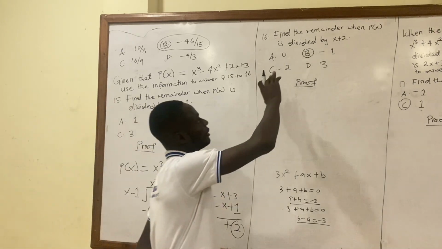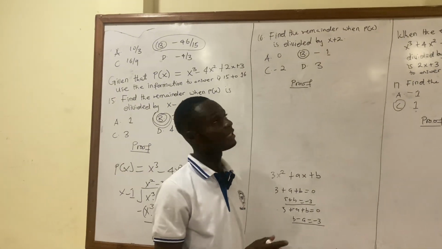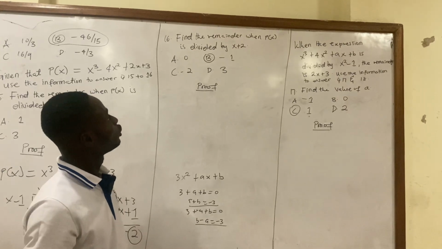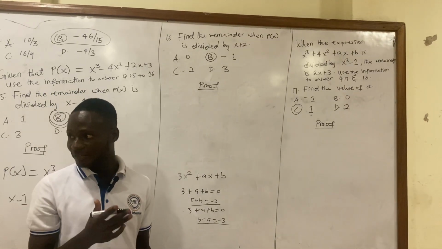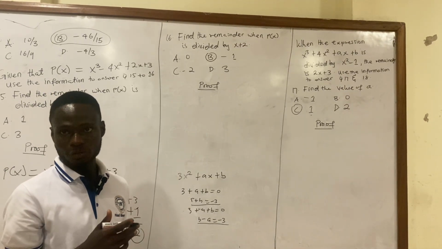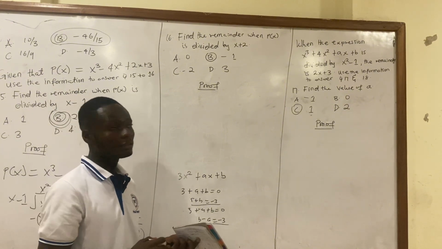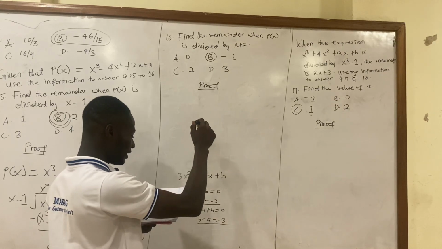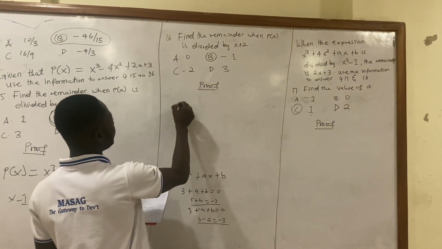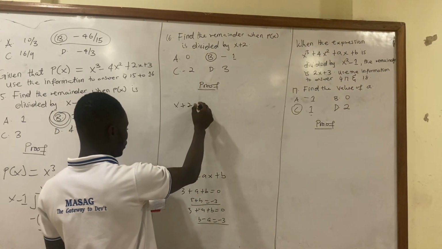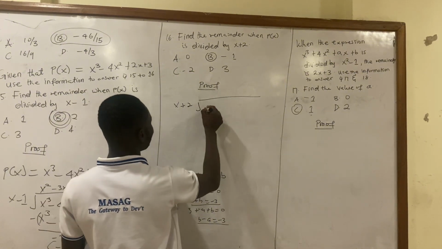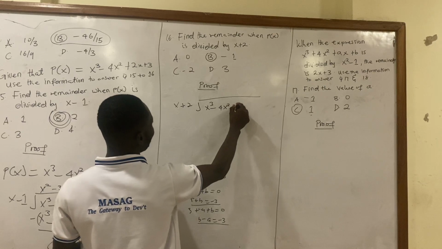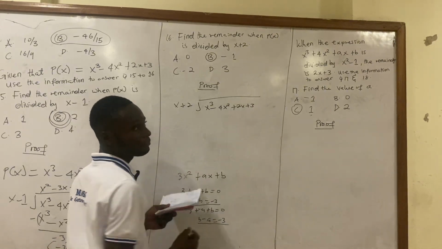So let's go to question 16. We should find the remainder when P of x is divided by x plus 2. So the same function, but we are dividing by x plus 2. So we have x plus 2 into x cubed minus 4x squared plus 2x plus 3.